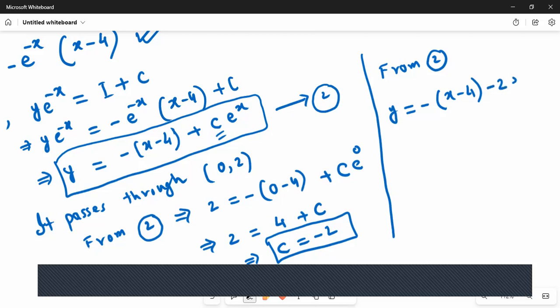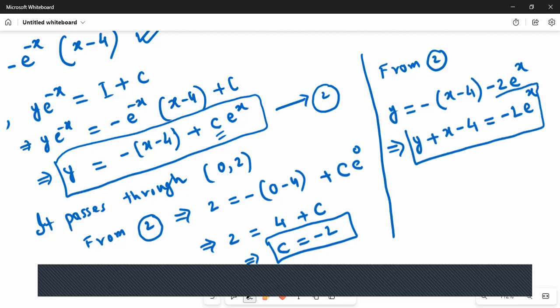If you really want to make a change, you can do it like this: y plus x equal to minus 4 plus c e power plus x. This I have shifted towards left, so it becomes like this. And the final solution is this. Is it done?